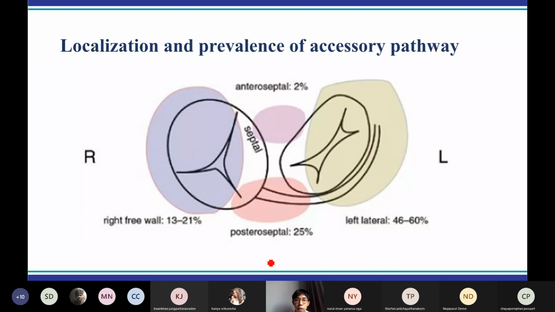And this is the prevalence of the accessory pathway. The most common type of accessory pathway is the left lateral pathway, consisting of around 60% of all pathways. The second most common is the posteroseptal pathway, around 25%, and the least common is the anteroseptal pathway, around 2% of the patients.